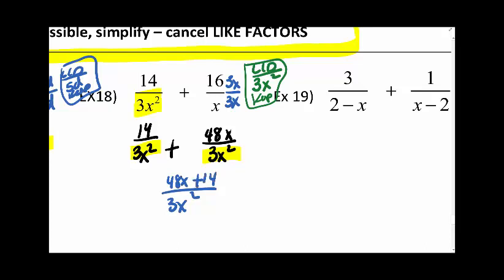Once it's a single fraction, ask yourself, can I factor anything? I could pull out a 2 in the numerator of both of those terms, but that's not going to cancel with the denominator. But you always should ask yourself, will it? Because the one time you don't will be the time that it does work. So you could also write that as 2 times 24x plus 7 in the numerator over 3x squared.